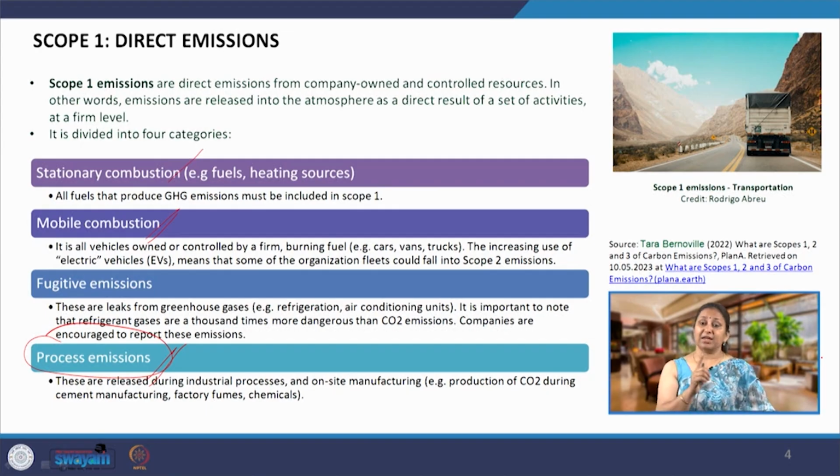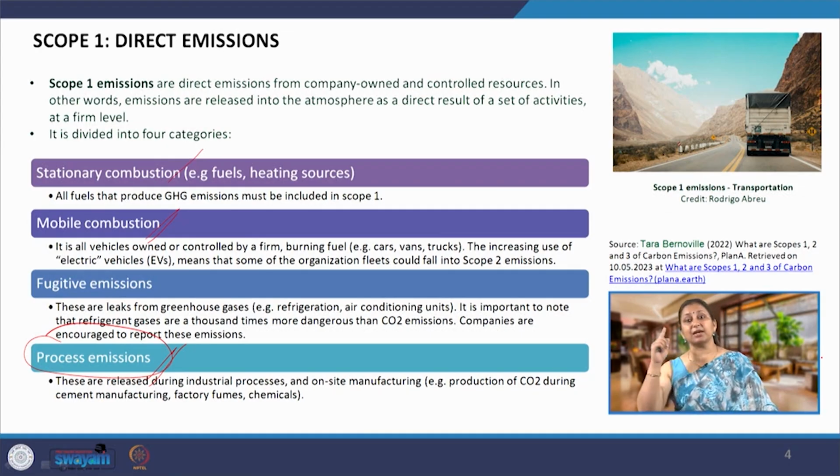In case we have an electric vehicle fleet, so we were discussing that also. If we have an electric vehicle fleet, in that case we are not burning the fuel directly at our facility or within the purview of our organizational boundary.